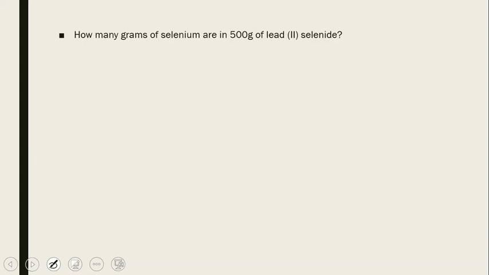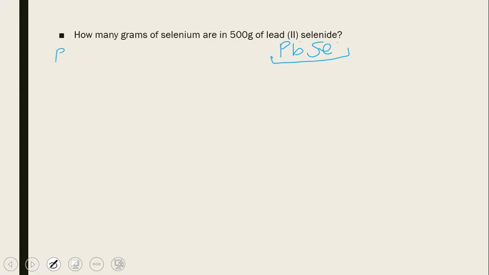Okay, another type of example. How many grams of selenium are in 500 grams of lead-2 selenide? First of all, we have to write the formula. Lead-2 selenide is lead selenide. This is 2, selenide is -2, so this is the formula.